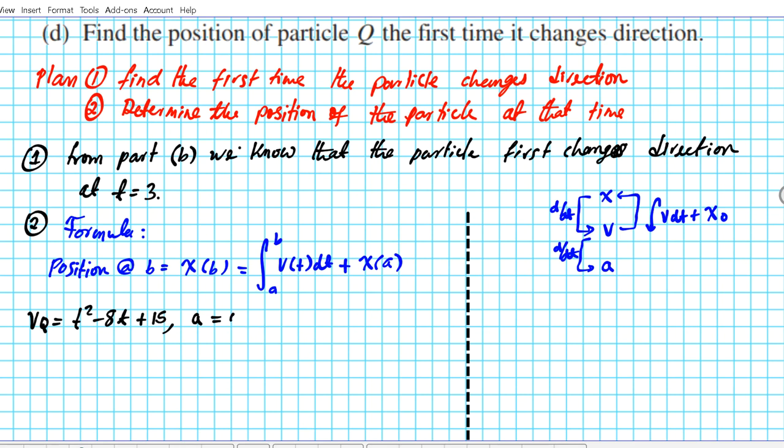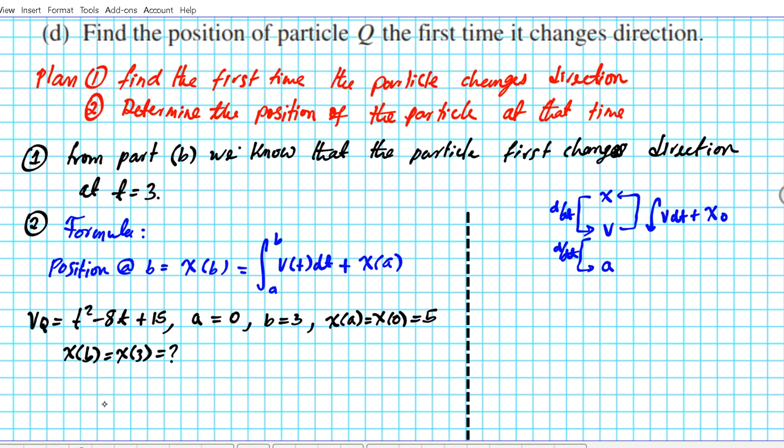So we're going from 0, a equals 0. B is 3. And then the position at A, x of A, is x of 0, which is 5. We know this. This was given to us, so that's why we're using it, okay? And then guess what? x of B, which is x of 3, is what we're looking for. So x of B, the position at 3, is a question mark.